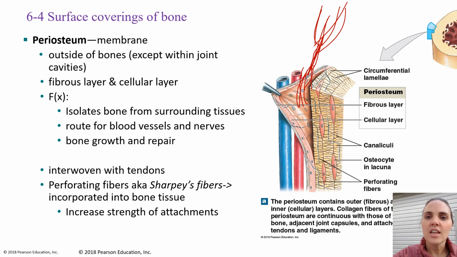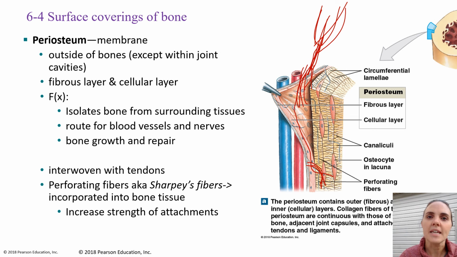And then we can actually have fibers that enter the bone itself, and those are called perforating fibers, or sometimes Sharpey's fibers. Those are collagen fibers that get incorporated into the bony tissue from the tendons or ligaments and the superficial periosteum. And that really allows for a very strong attachment of the tendons and ligaments to bone.